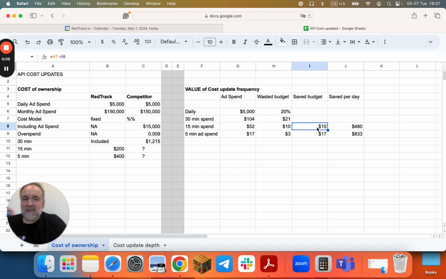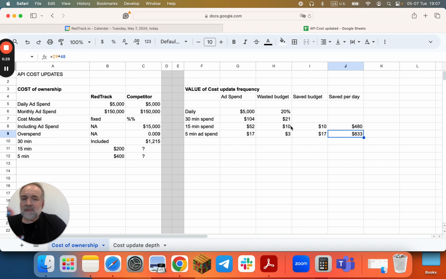And you do this $10 or $17 every 30 minutes with just 5K per day. So it ends up in a range of 500 to 800 of saved ad budget per day.